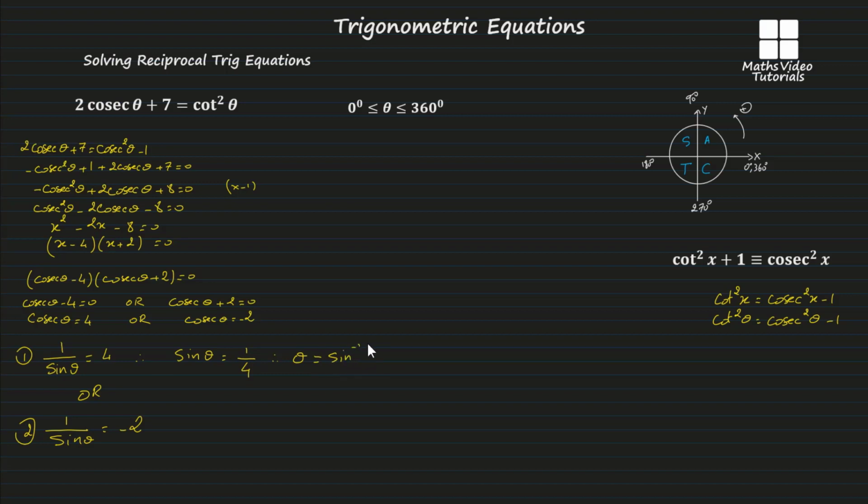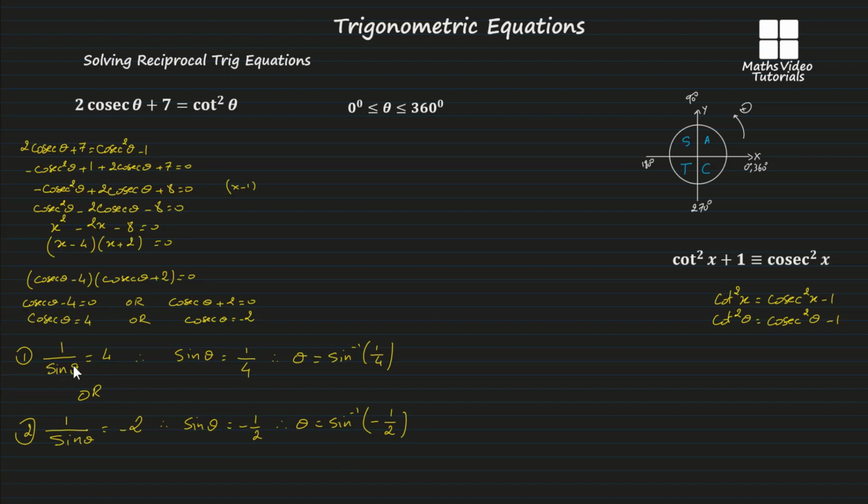Inverse sine of 1/4. And same thing here. Sine theta is equal to minus a half. So therefore, theta is equal to inverse sine of minus a half.